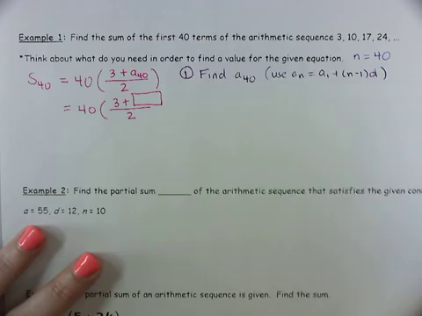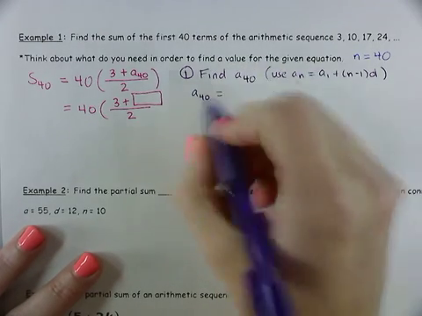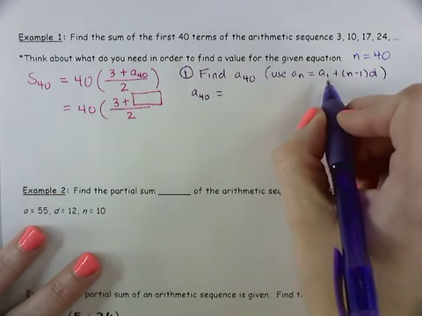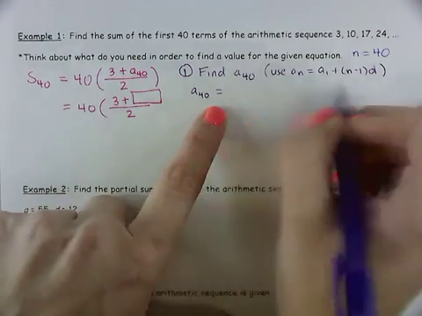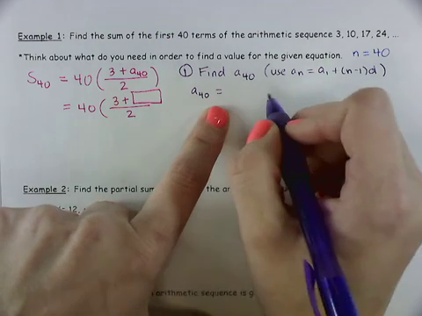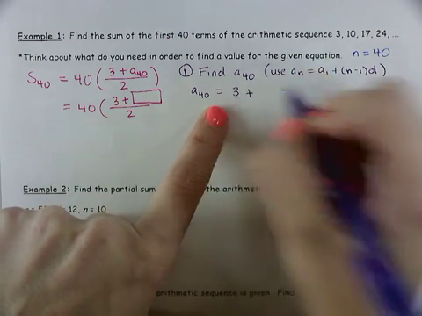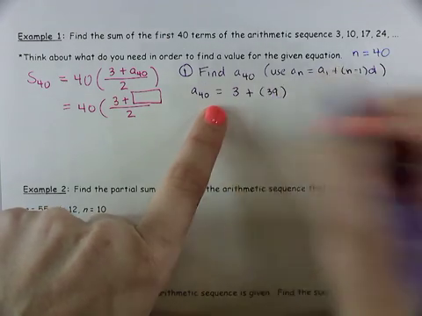Do you guys feel like you have that memorized after doing your homework? Well, you weren't here yesterday. Oh, okay. So a sub 1 is going to be 3, and then plus, if I plug in 40, 40 minus 1 is 39, times the difference.